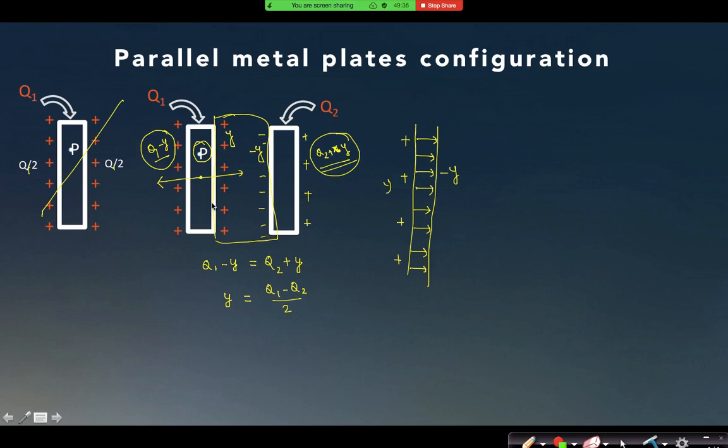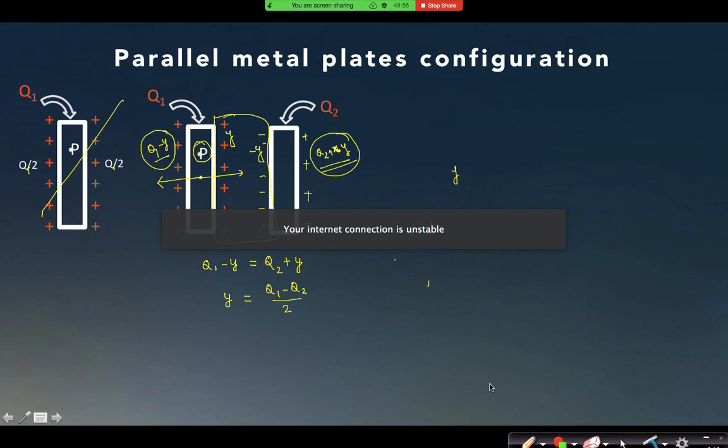Sir, can you explain once again why Q1 minus y equals Q2 plus y? Look, if I take the charges plus y and minus y, can you see that the electric field at point P due to this combination is 0? Okay, let us forget about these charges. Can I find the electric field at point P by superposition of charge number 1, charge number 2, charge number 3 and charge number 4?